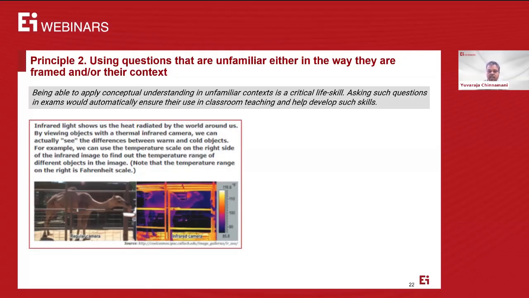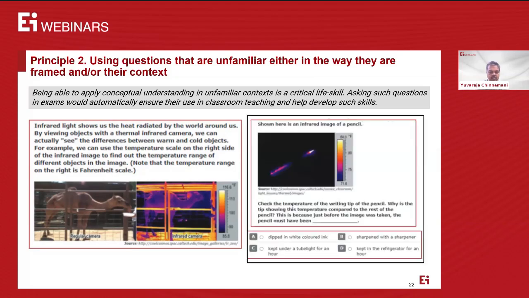Students learn how thermal cameras can detect temperature differences, but the real test comes on the right with a pencil question. Students see an infrared image of a pencil where the writing tip shows a higher temperature than the rest of the pencil. The question asks why the tip is warmer.